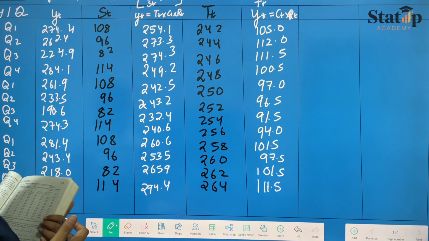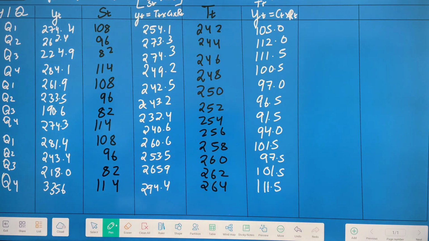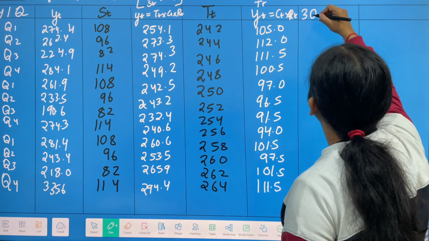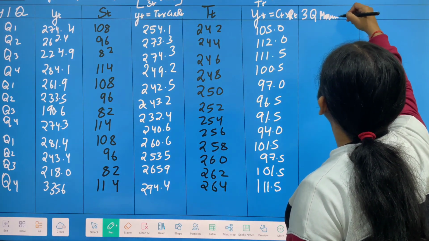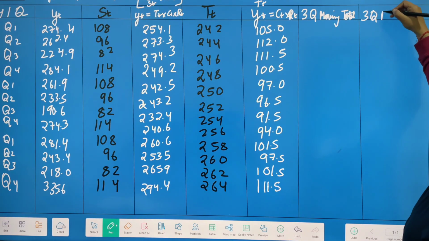Now we'll calculate the 3/4 moving totals. First of all, we'll calculate the 3/4 moving total, and then the 3/4 moving average.